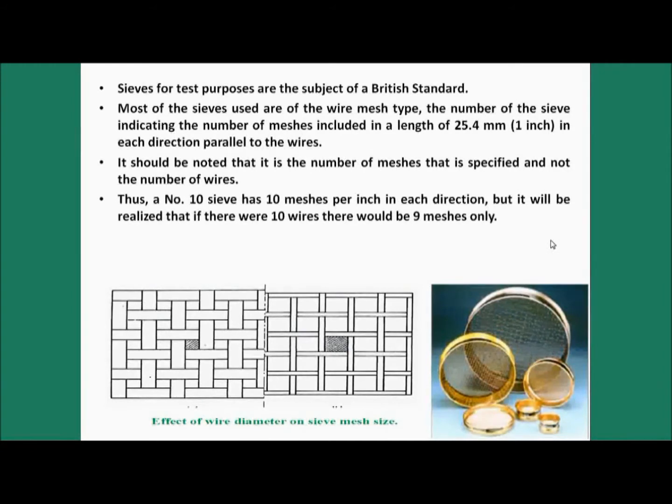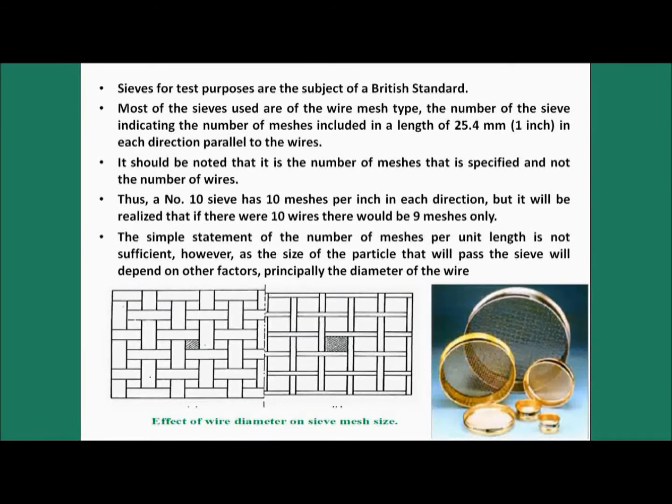But it will be realized that if there were 10 wires, then there would be only 9 meshes. So if we need to have 10 meshes, then we need to have 11 wires. So you don't count the wire number. The wire number doesn't determine the sieve number directly; rather, the number of meshes per inch determines the sieve number.